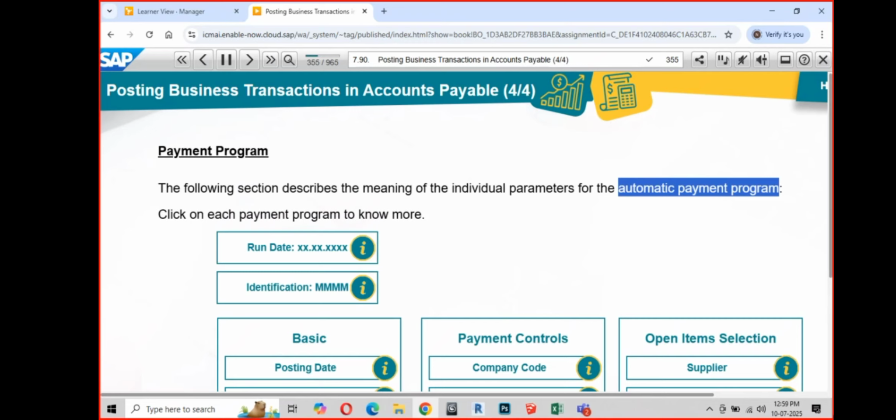Clear? So 355th page. In the meantime, let me take stock of what exactly this is. Okay, let me make note of it. The critical thing is APP.